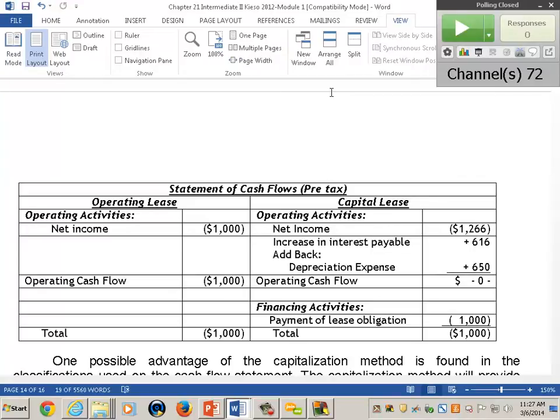This discussion won't exist maybe next year or a couple of years from now if they pass the new standard, where the balance sheet will not be affected, the income statement may be slightly different, but the rules will be much more reasonable, more simplified, and all leases will be capitalized. So this will not be an issue.